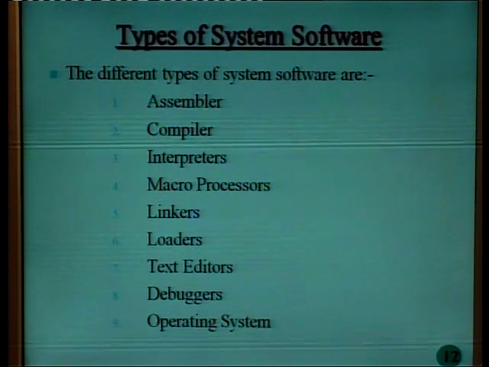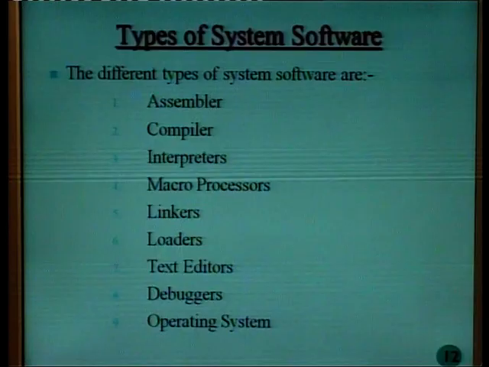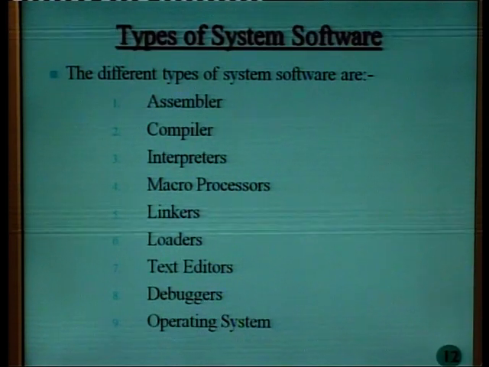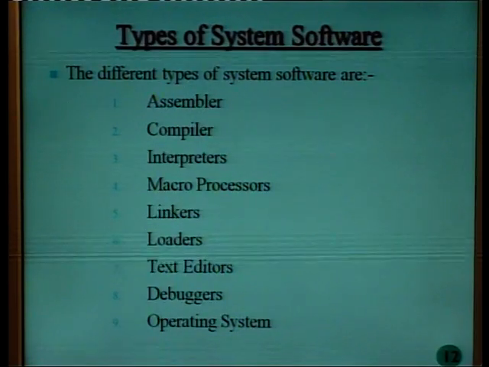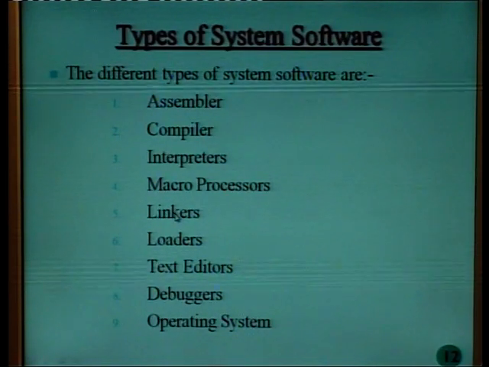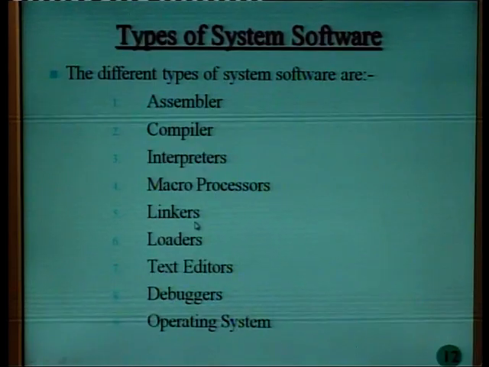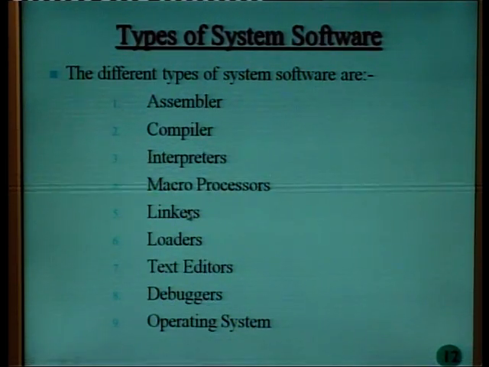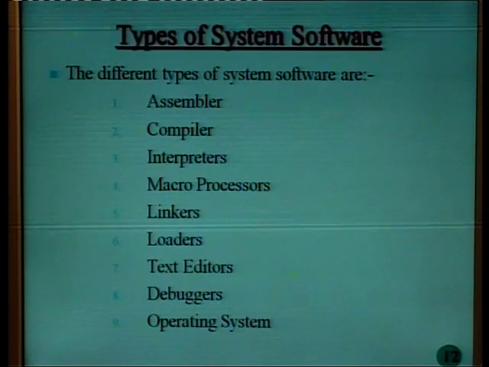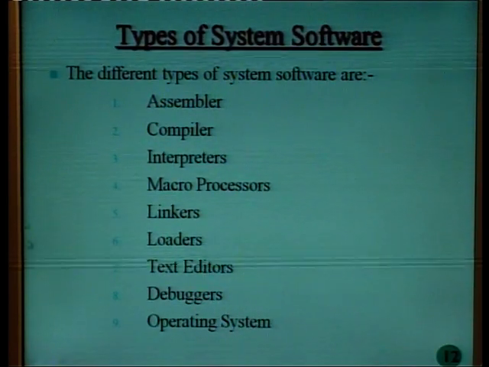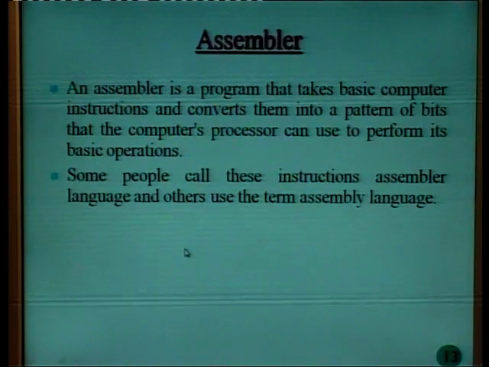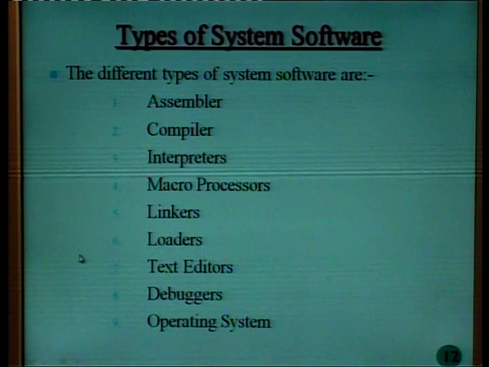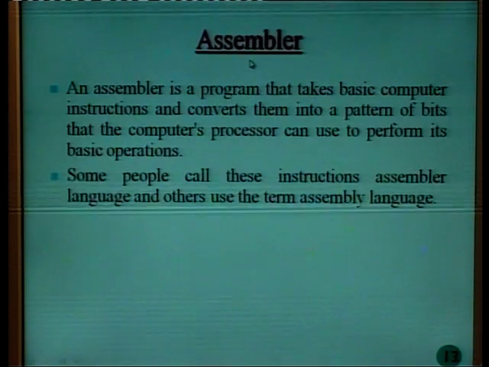Next we have the operating system. This is also a system software that helps to control the overall functionality of a computer system. So these are the 9 different system software generally used or designed for the efficient functionality of a computer system. One by one we will explain these different system software. First we start with the assembler.